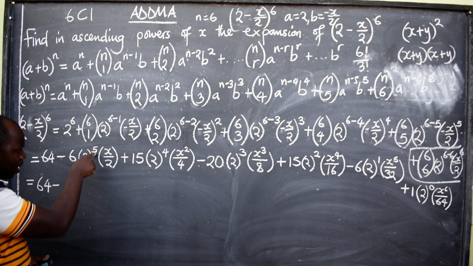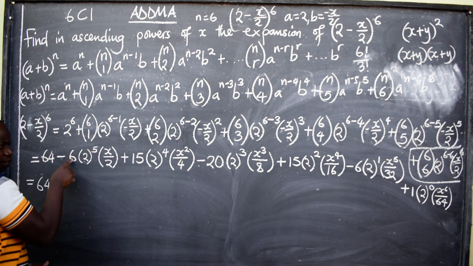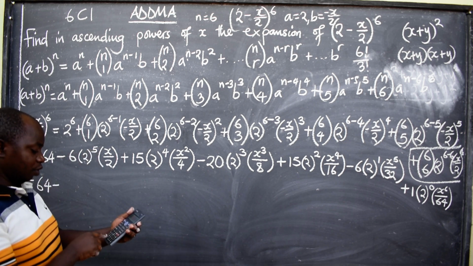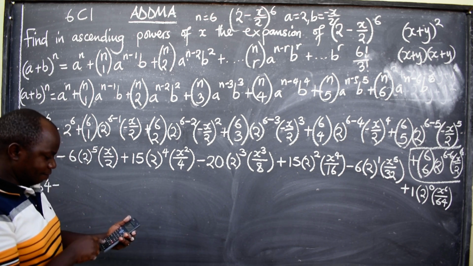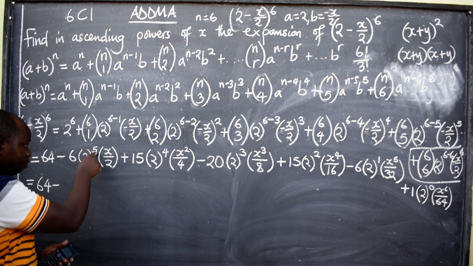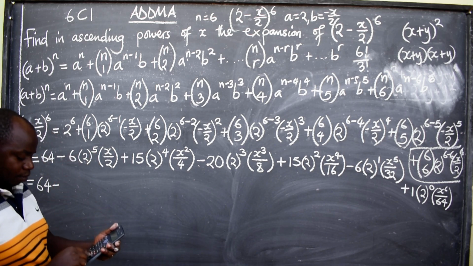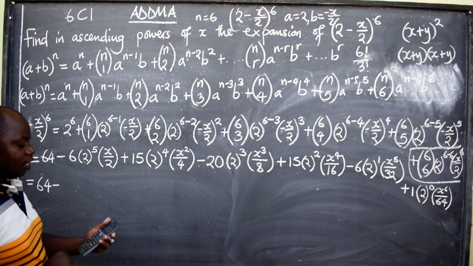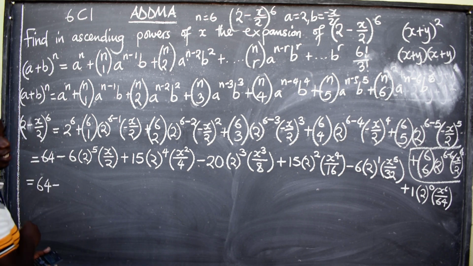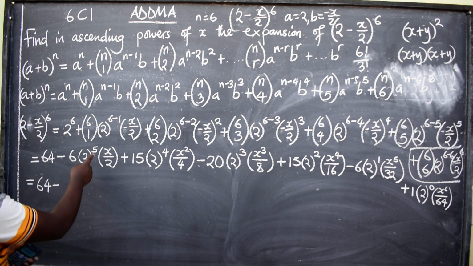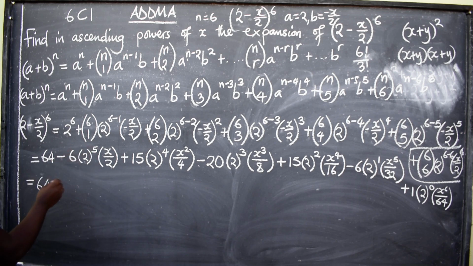No, there's a power here. So it will be 2 to the power 5 times 6. That is the format. So 2 to the power 5. It will be 32. Times 6 now. You're going to get 192. Okay, so here you're going to get 192.